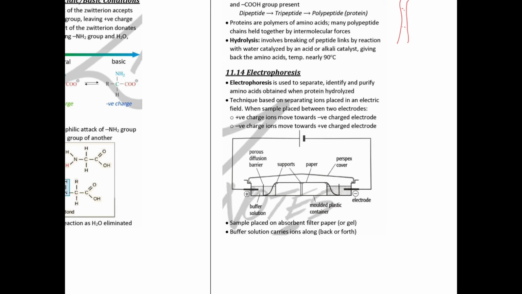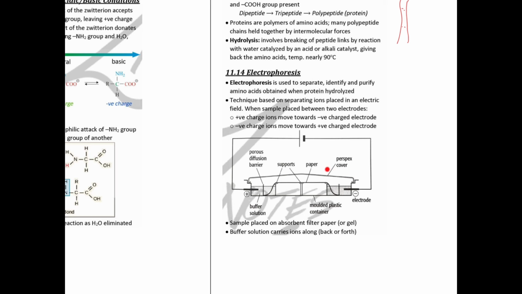Different amino acids have different charges and different masses, and because of that they can be separated. For example, you put your sample somewhere in the middle, and the left hand side is positive charge, the right hand side is negatively charged.